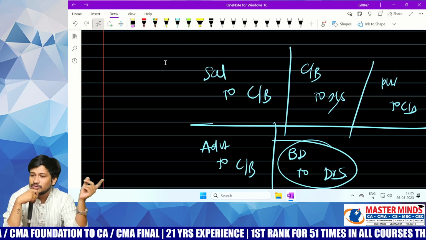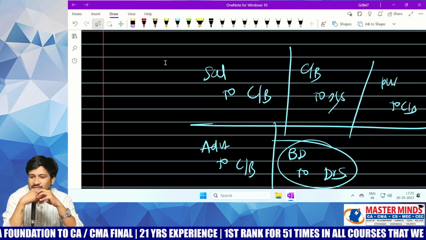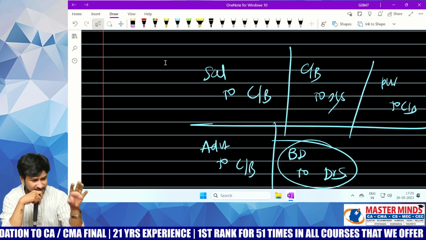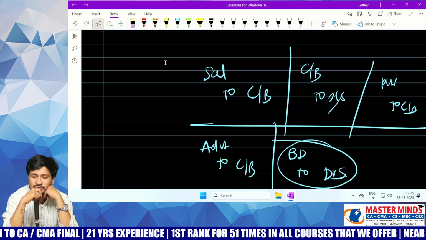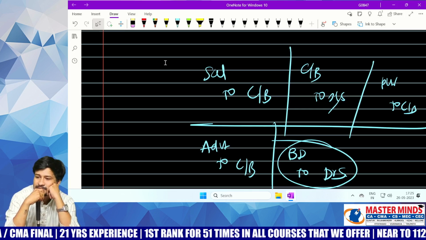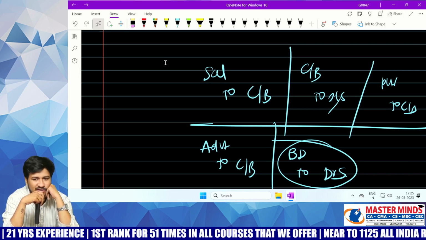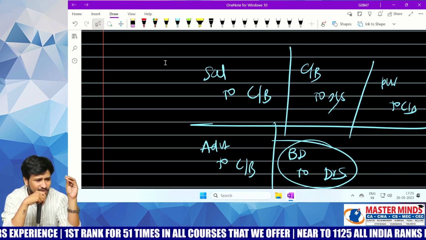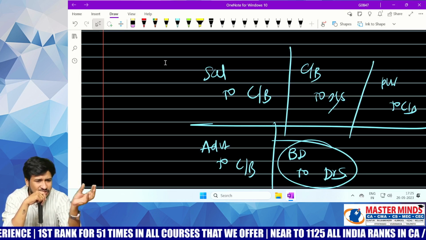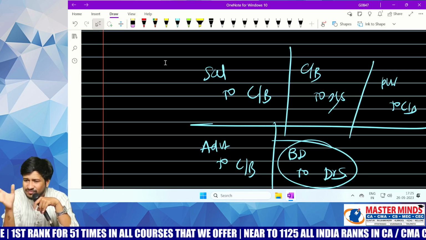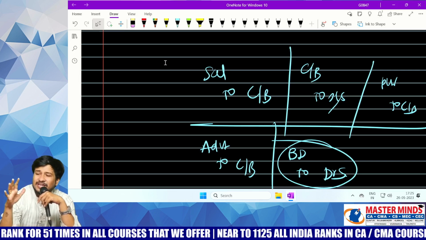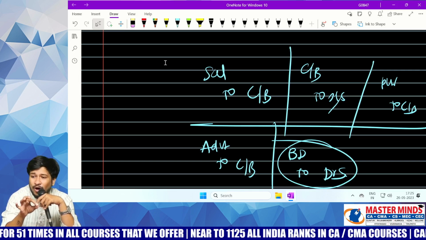We are paying to creditors: operating activities. Hope you have understood. Those activities which are directly related to principal revenue generating activities, those transactions which are directly connected to the generation of sales, we will be calling operating activity.